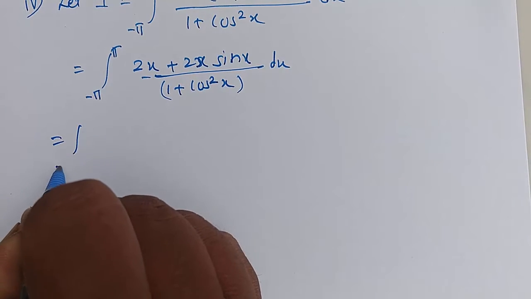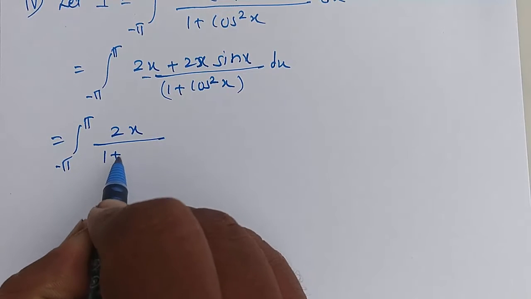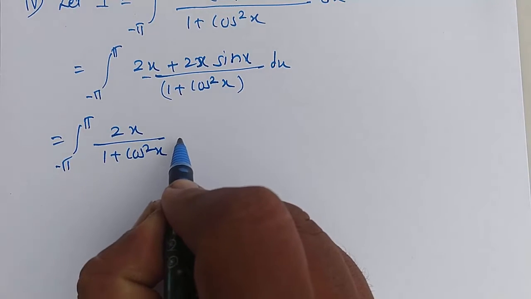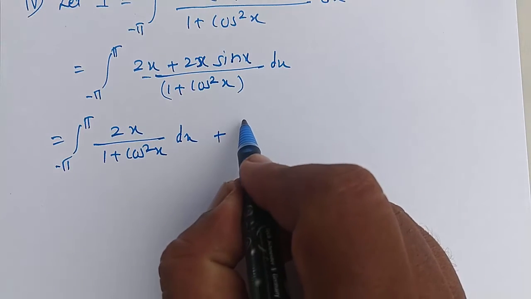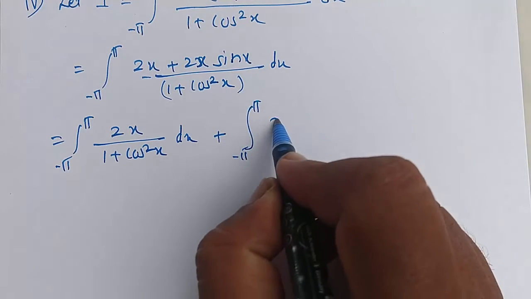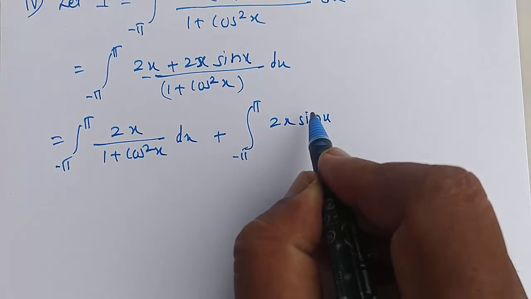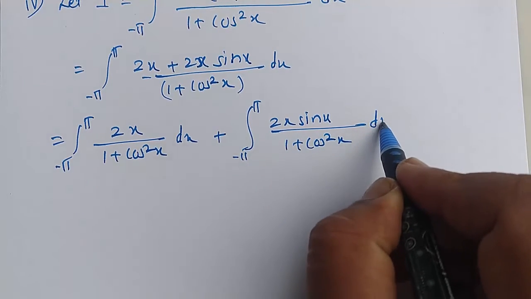So this is equal to integration from minus pi to pi of 2x upon (1 plus cos square x) dx plus integration from minus pi to pi of 2x sin x upon (1 plus cos square x) dx.